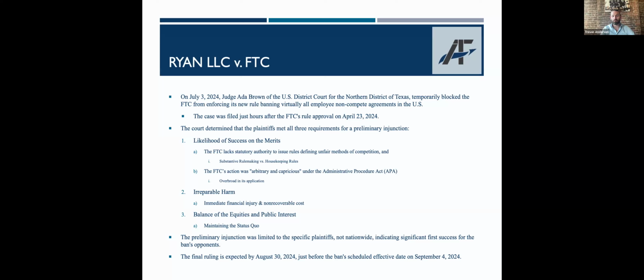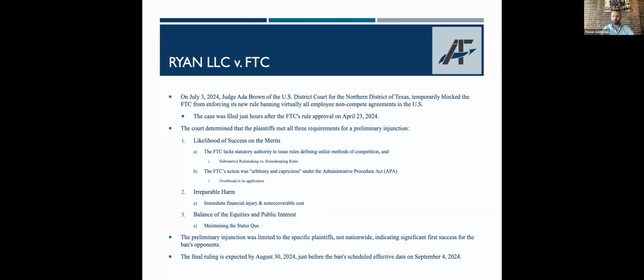What does that mean? Basically, the FTC has the ability to make housekeeping rules, administrative rules, operational rules, things like that, but not substantive rulemaking. They're claiming that is properly the jurisdiction of Congress, not the FTC.